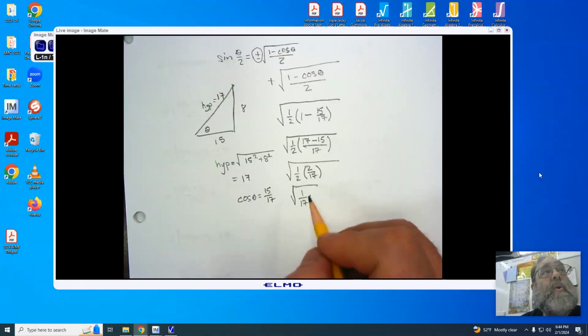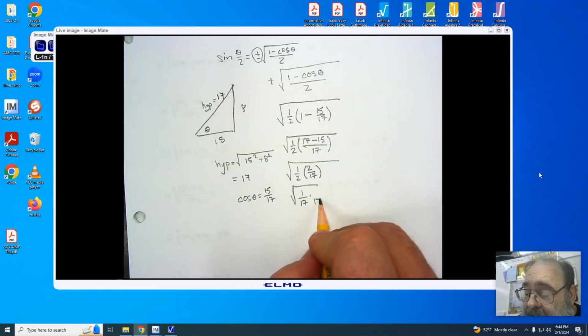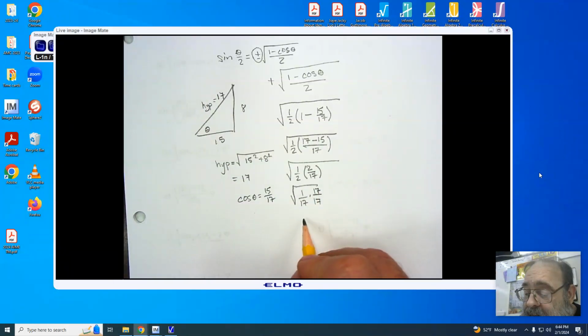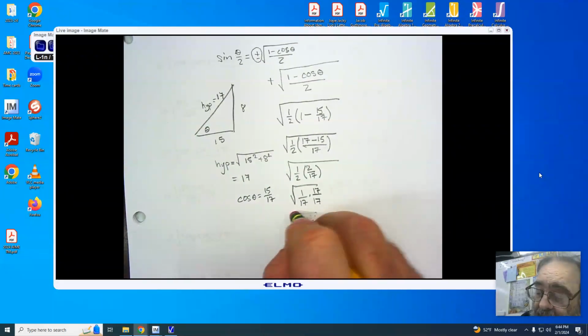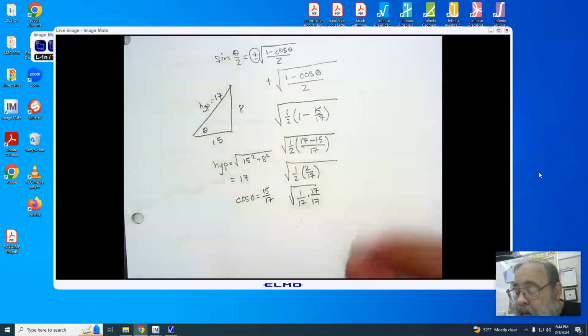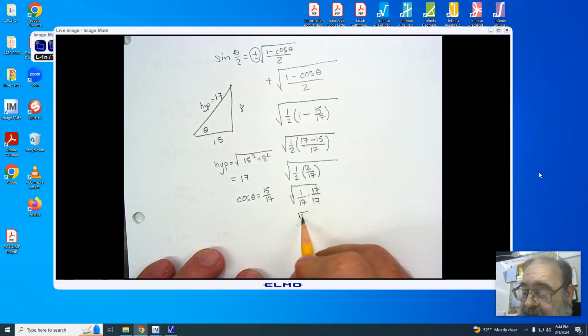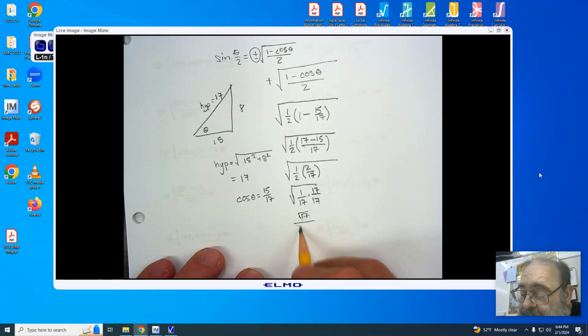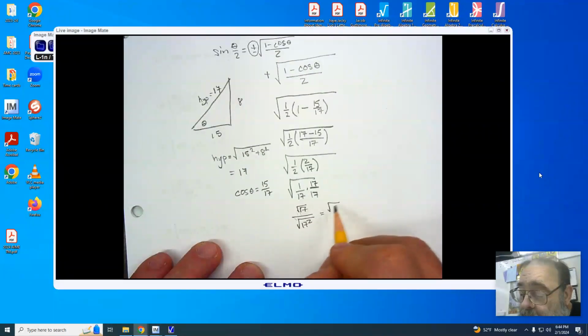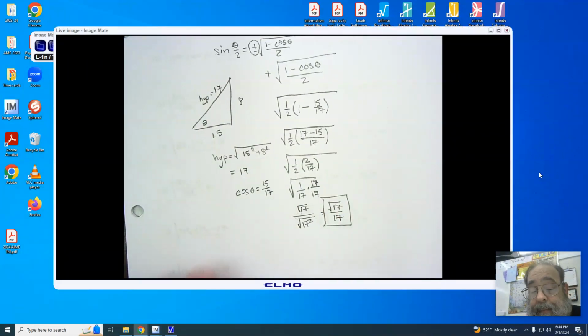I want to make sure that I get the 17 into the numerator as the radical. So I will have root 17 divided by the square root of 17 squared. My answer is therefore root 17 over 17, and this is the answer to number 10.